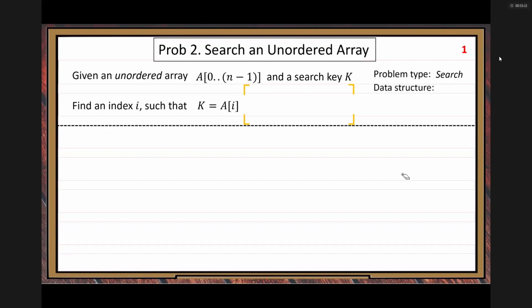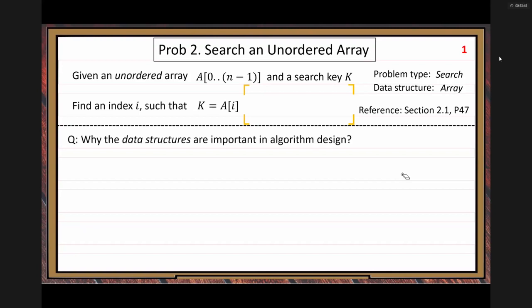The data structure we use here is simple. It's array, the simplest possible data structure. Here I give you the reference, section 2.1. If you want to read the material, you can go there.